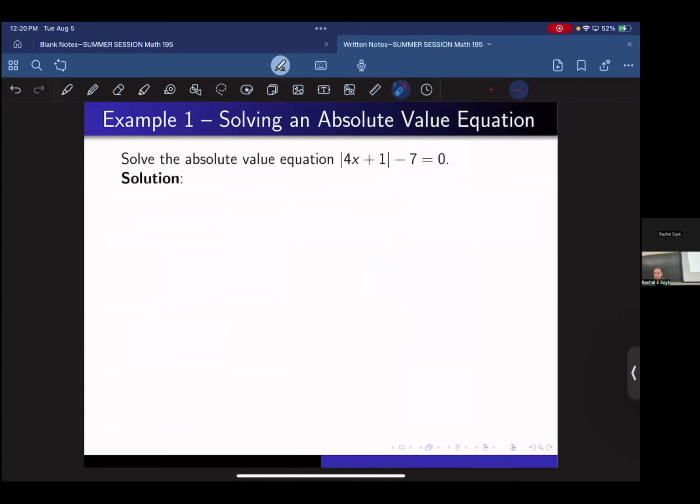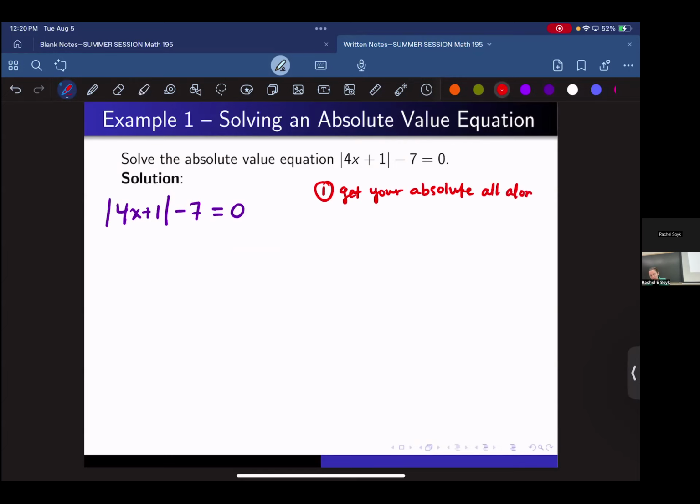So let's start off with our example 1. We have absolute value of 4x plus 1, close absolute value, minus 7 is equal to 0. Again, you want to hone in on two different cases. But before we go into the two cases, your first step is to get your absolute value all alone on one side.